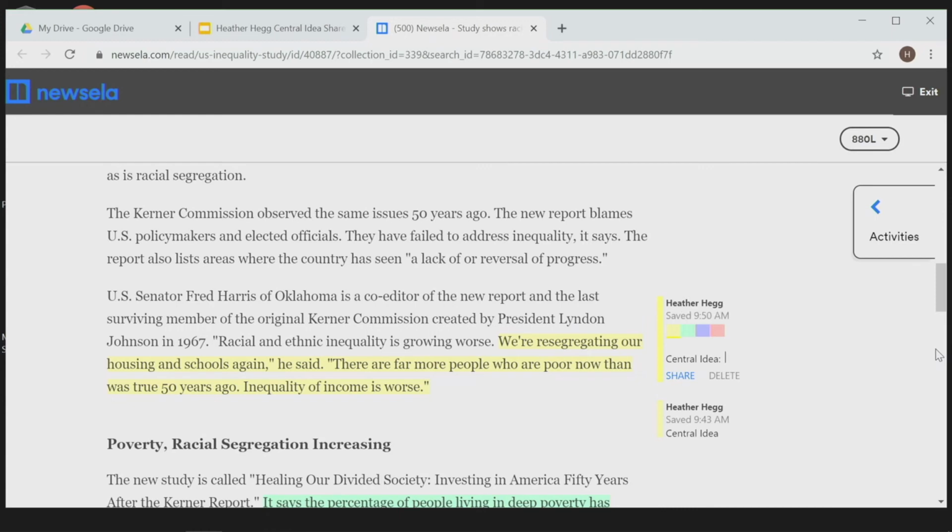All right, I'm going to start a different way. There are more poor people in the United States today. There is also more segregation.